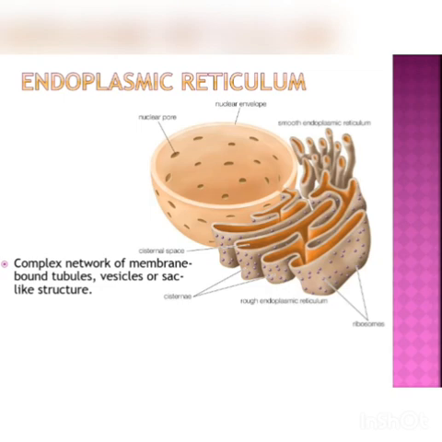Various inner folded membrane-like structures, tubules, it can be vesicles, it can be in the form of sacs. So this is how the structure gets formed. And there are also two types of endoplasmic reticulum on the basis of its formation.